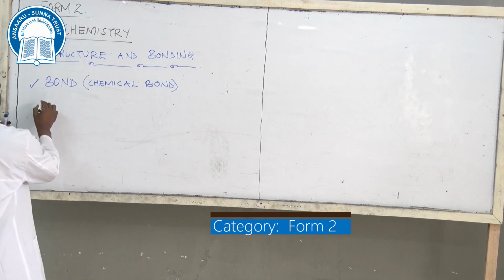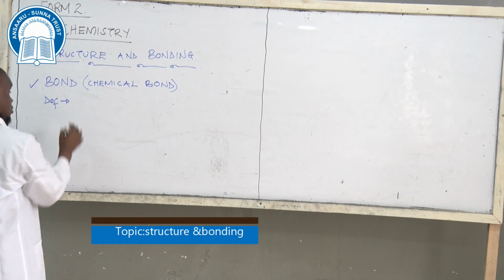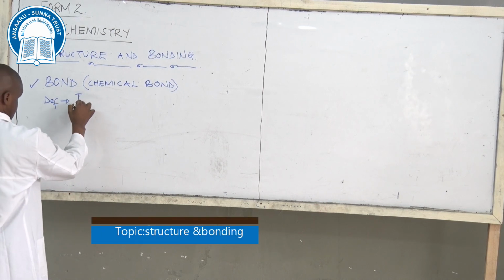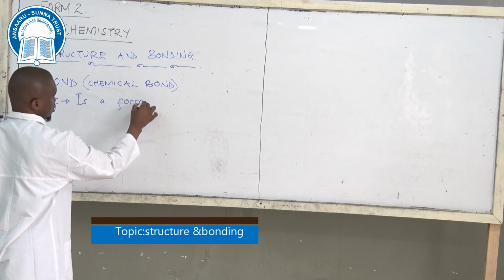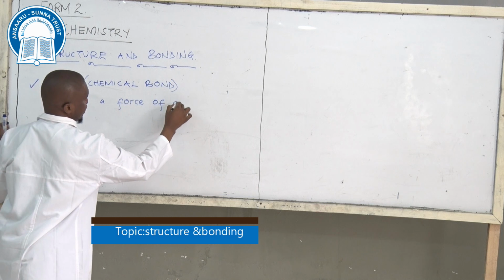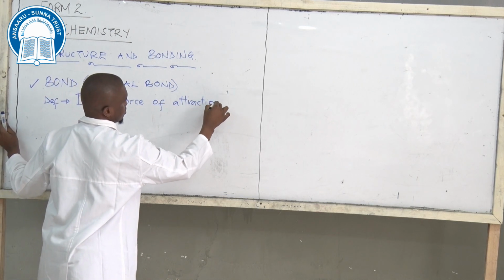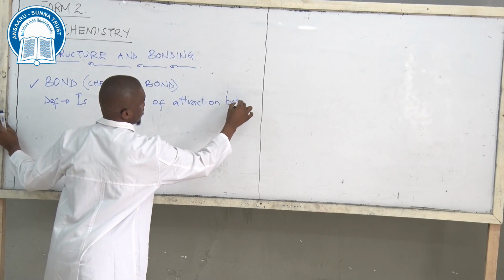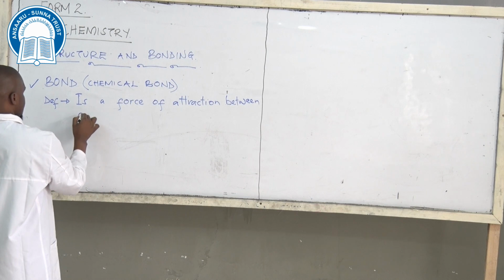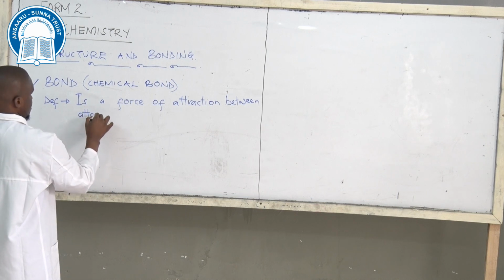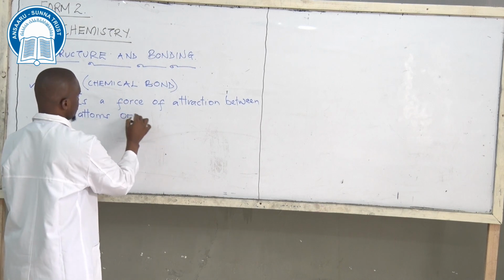A chemical bond is a force of attraction between atoms or molecules.